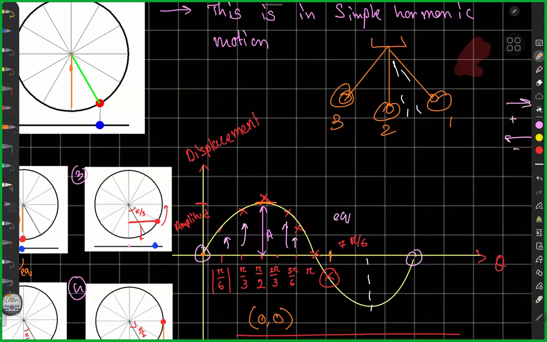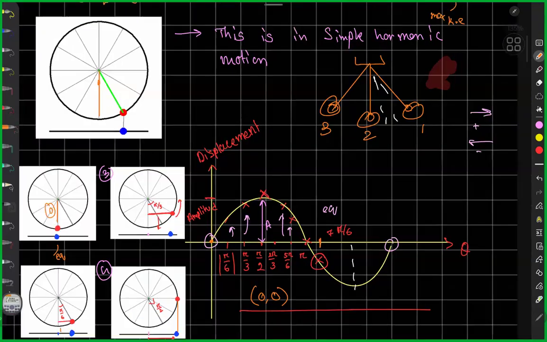Perfect. Hence, my velocity is what? Zero. And with our physics intuition that we established towards the beginning of our class, it is correct. It matches. Over here, the gradient at pi by 2 is zero, and at pi by 2 we get the maxima. This is exactly where your velocity is zero. So the gradient of the displacement curve is zero, hence velocity is zero. Perfect.